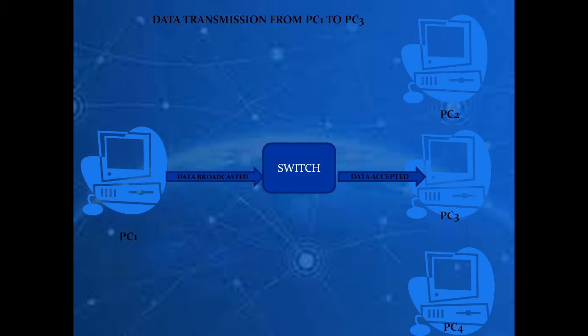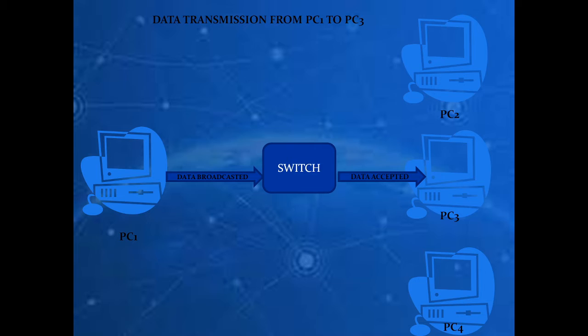So if we compare hub and switch, what do we conclude, beta? We conclude that hub is used to broadcast data while switch does not support broadcasting data. Second, hub does not support any addressing technique while switch supports the addressing technique.